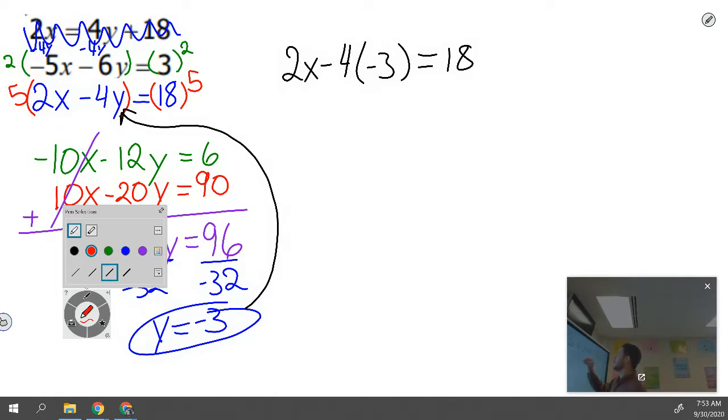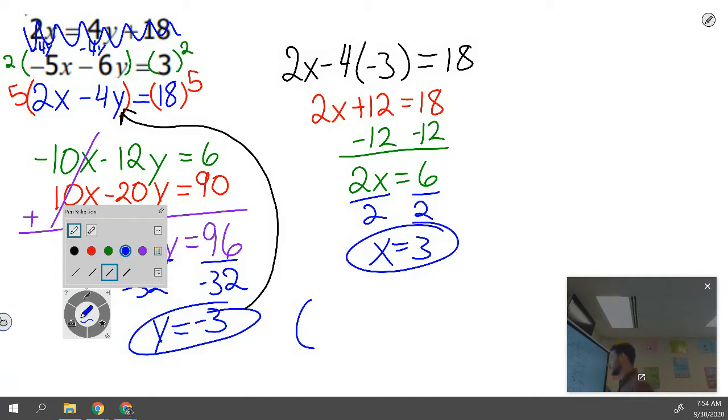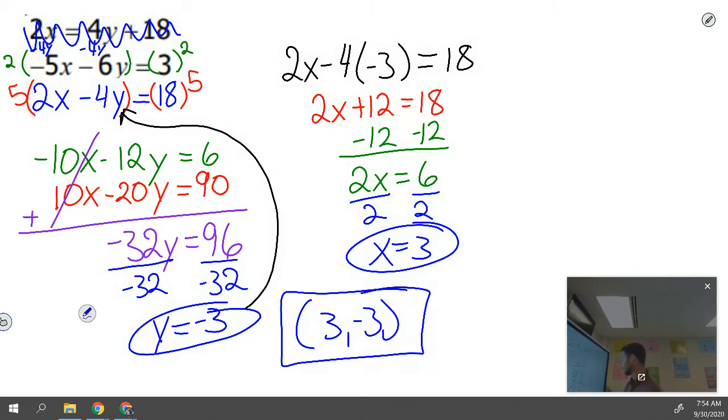Negative 4 times negative 3 makes 2x plus 12. And divide. So x is 3 and y is negative 3, so your final answer is 3, negative 3, done.